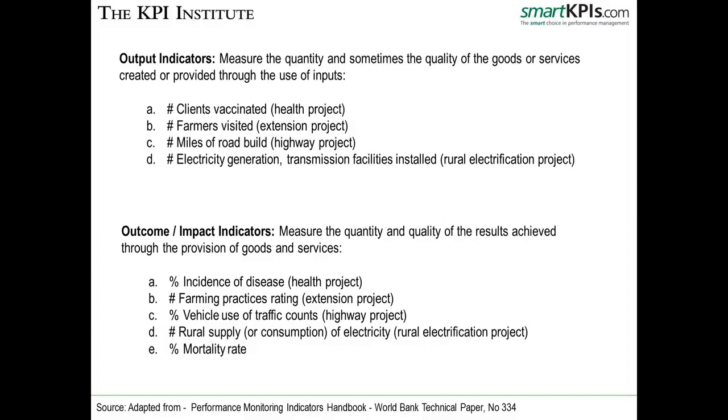What we want to monitor is what changes occurred in the behavior of these recipients once they received the brochures. This is certainly a bit more difficult to achieve because it takes time, more money, and it's a bit more complicated logistically, but outcomes are what we are generally after, and outputs are just secondary in importance.